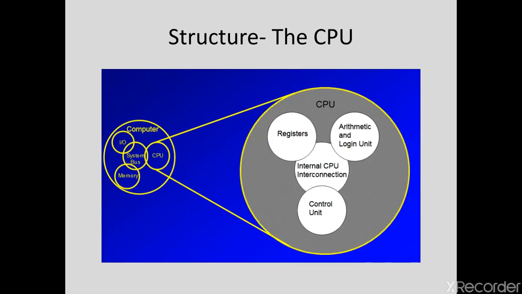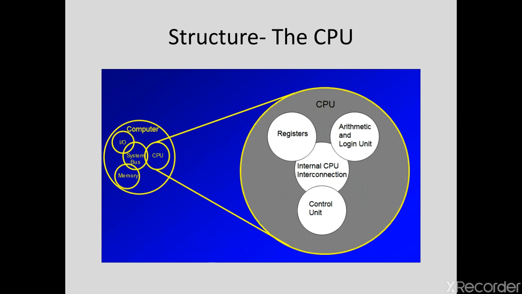If we talk about the structure of the CPU, which is the main part of the computer system, the CPU carries registers. As you might be familiar, having gone through the course in the previous semester on the 8085 microprocessor, you might have studied the basic architecture of the 8085 microprocessor, which has a set of registers used to store data, and an 8-bit accumulator, which stores the results of the arithmetic operations of the processor.